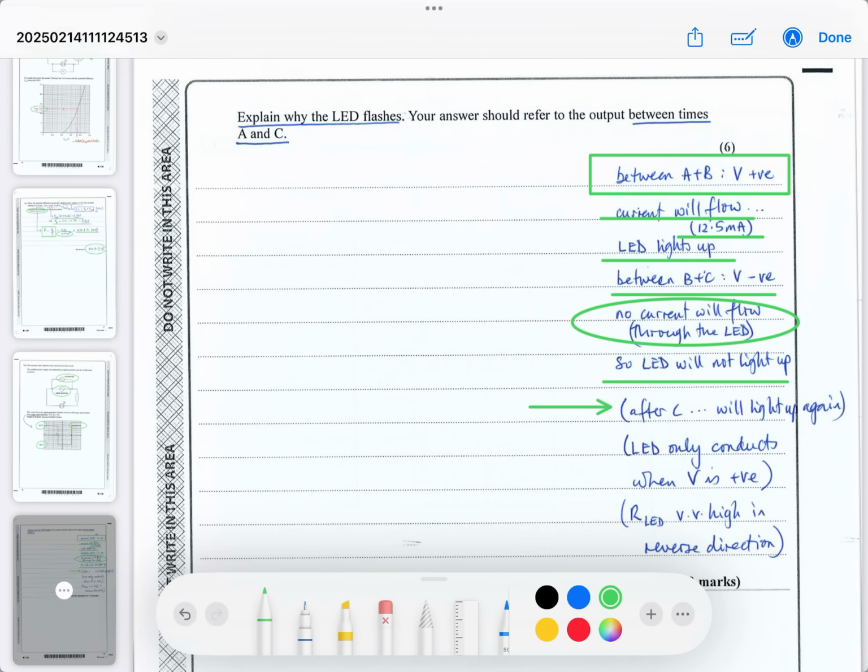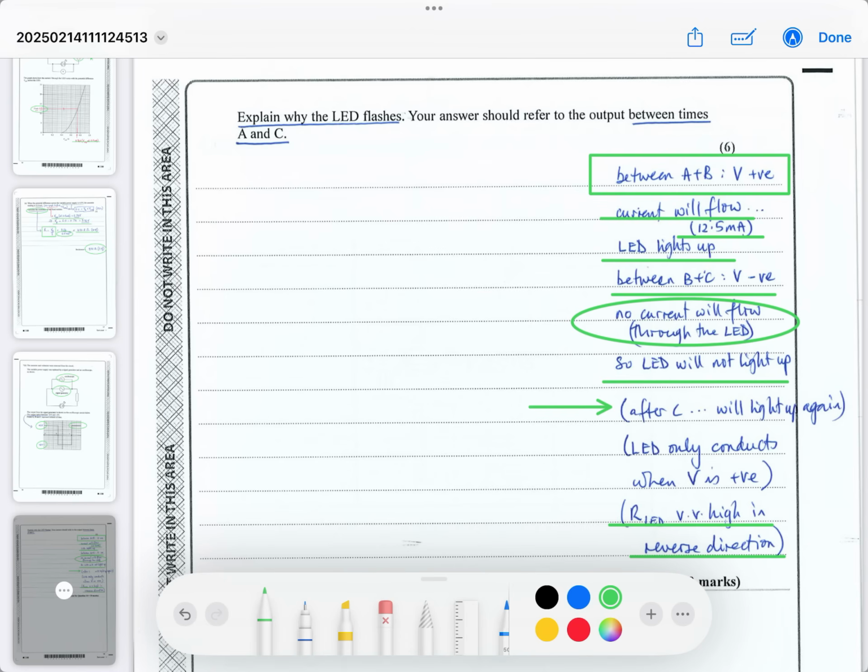So the LED only conducts when the voltage is positive, and the resistance of the LED, you could put, is very, very high in the reverse direction, which is why no current will flow. So that leads to it going on, off each time it flips between the positive part of the square wave and the negative 6 volts of the square wave.